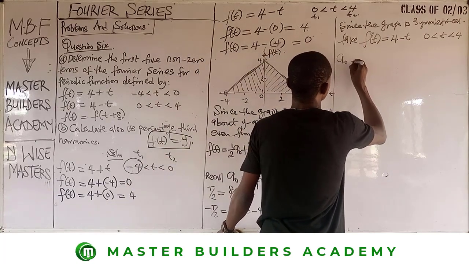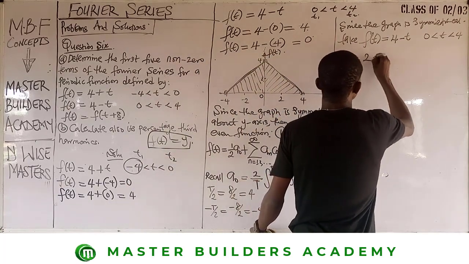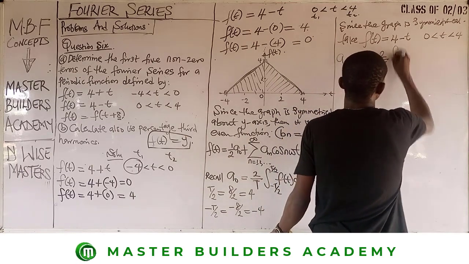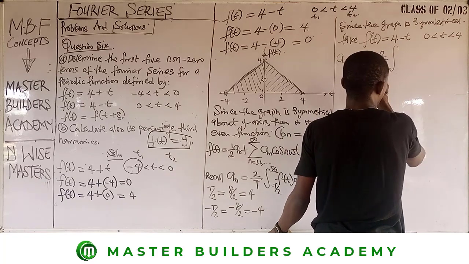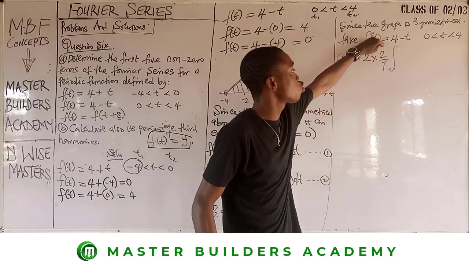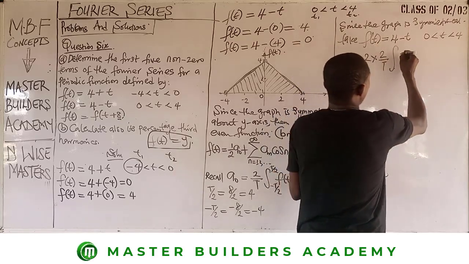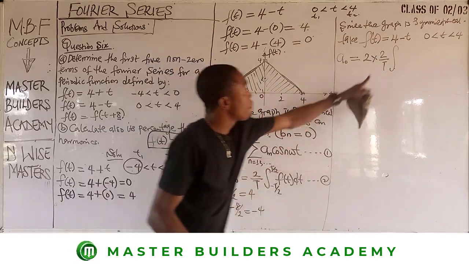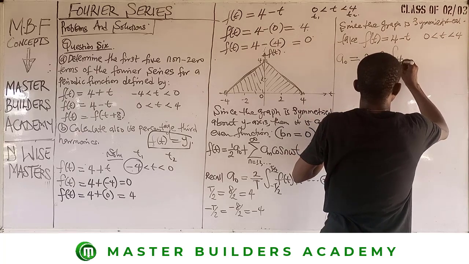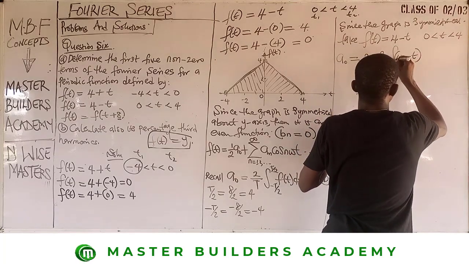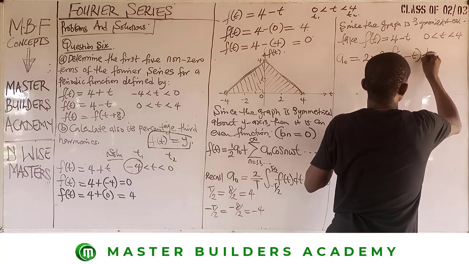Therefore, A0 would have been equal to 2 times 2 over T integral of, we are using the limit for this function, so our f of t will be replaced by this function, 4 minus t dt.